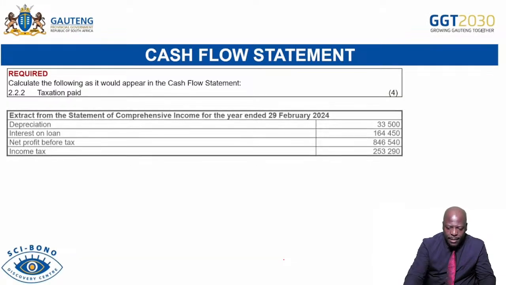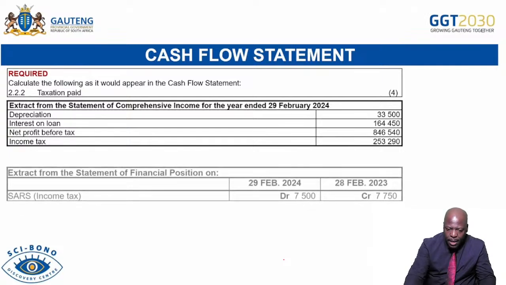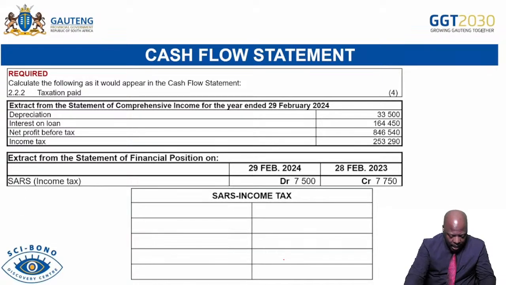The next one is my taxation paid, and I have the same T account as I had earlier on. You can see here the opening balance for 2023 is on the credit. So I'm going to say my balance brought down, on the credit side, is 7,750.